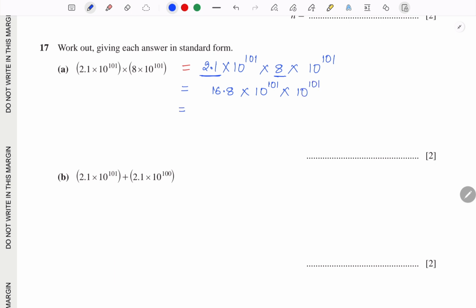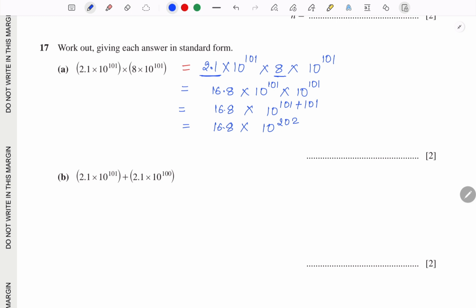Now, we know that if we have the same base but different indices, we will just add them up. So you will write 10 raised to the power 101 plus 101. It will give you 16.8 into 10 raised to the power 202.